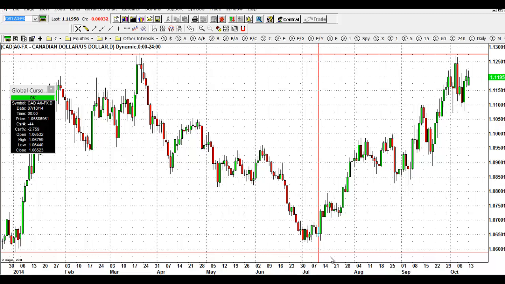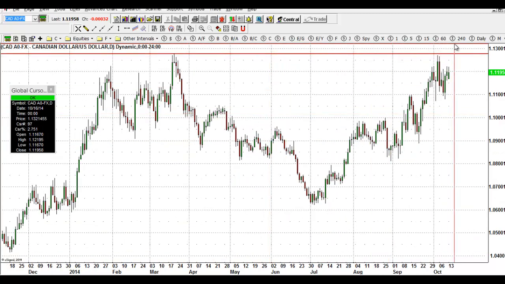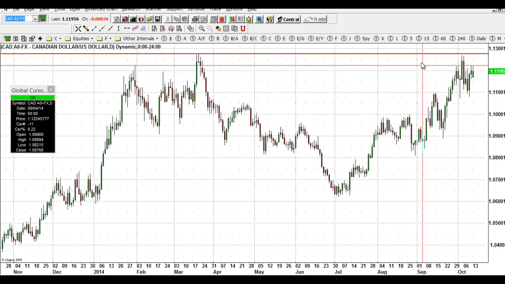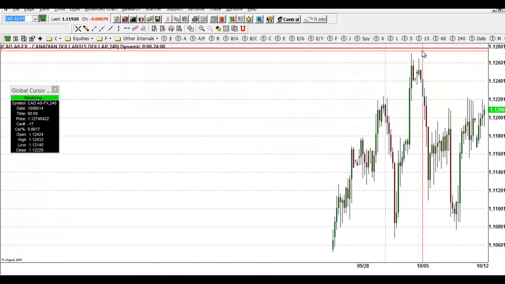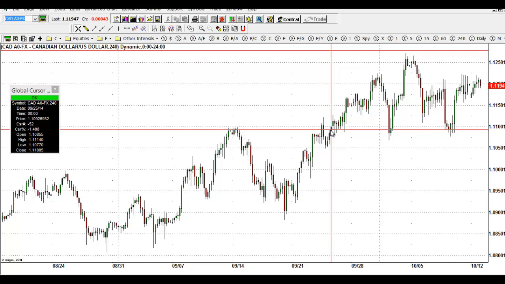So the market is flirting with these highs, and we just have to wait to see if the market is able to punch above this particular high. Now, critical support in the Canadian dollar is down at the previous lows here. Just draw the line. These lows just below the 111 level should act as pretty good support in the Canadian dollar.